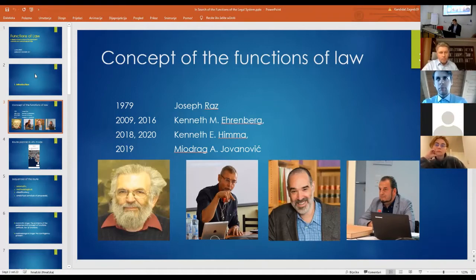This can be justified if you look at some theorists of the philosophy of the artifact, who claim basically that there is a necessary connection between the artifact and the function. And I think this is, I wouldn't say a return, but a reconceptualization of some earlier views, which are now present in what we call artifact theory of law.